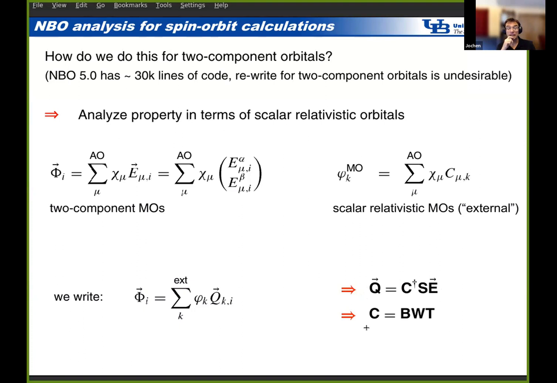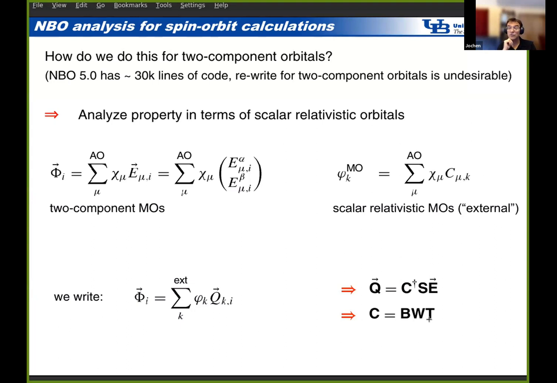And then the coefficient matrix of the scalar relativistic molecular orbitals can then further be decomposed. I write this here as a matrix product BWT. So B is the matrix that represents the NBOs in the AO basis. W represents the NLMOs, the natural localized molecular orbitals, in the basis of NBOs.